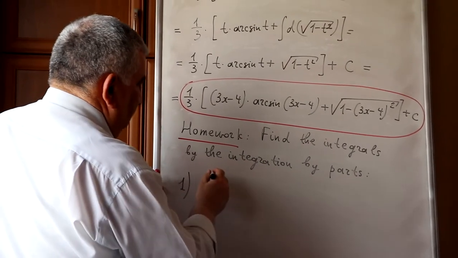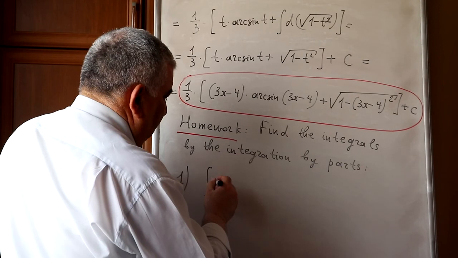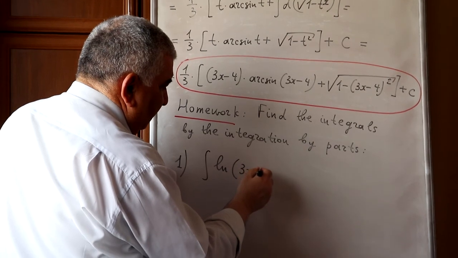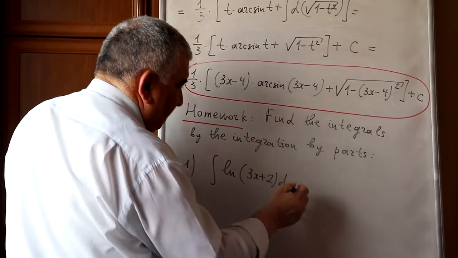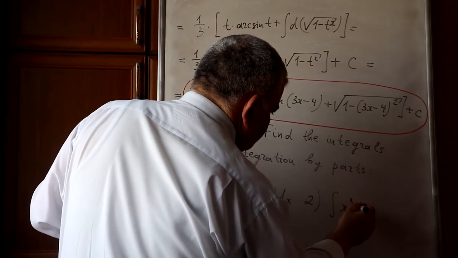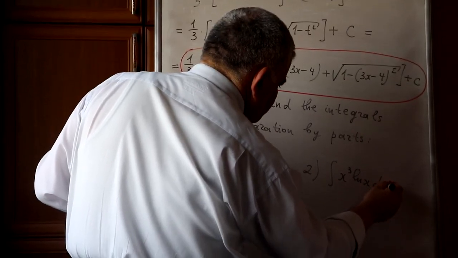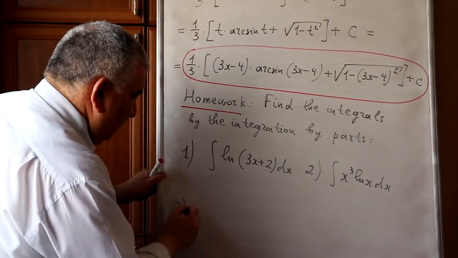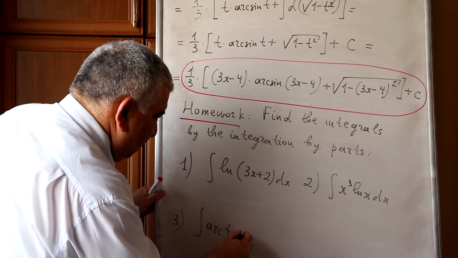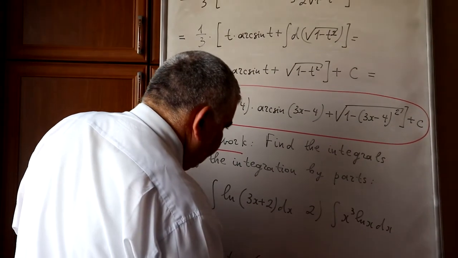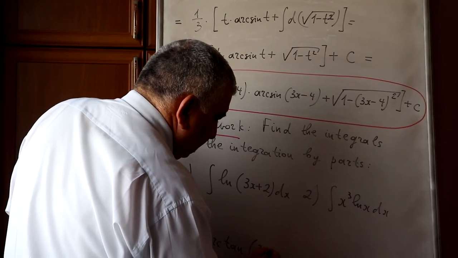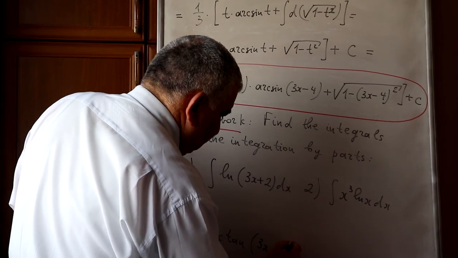First integral: natural logarithm of 3x plus 2 dx. Second integral: x cubed, natural logarithm of x dx. Third example, integral of arctangent of 3x minus 1 dx.